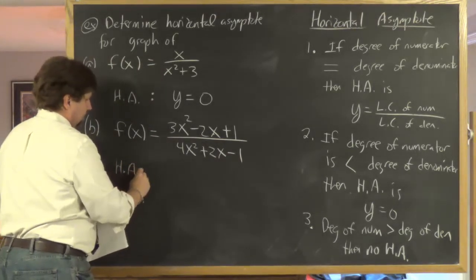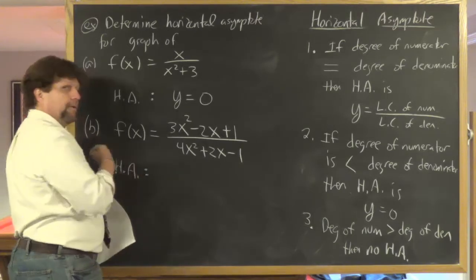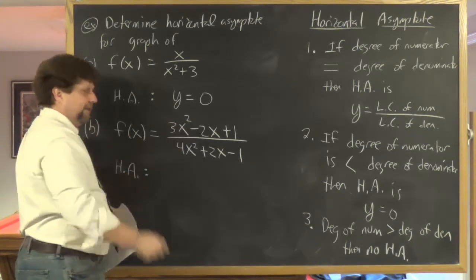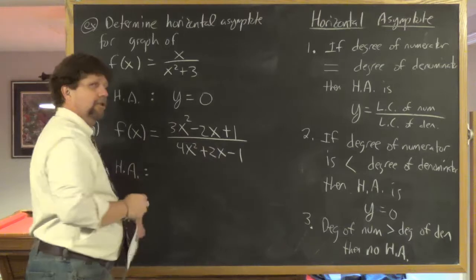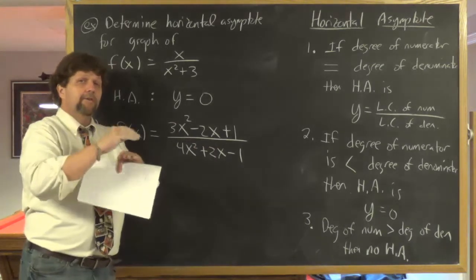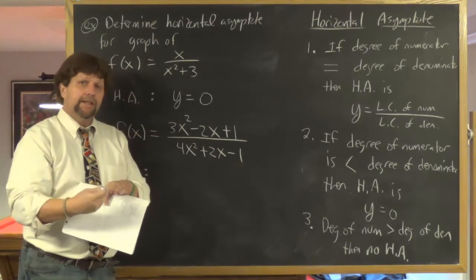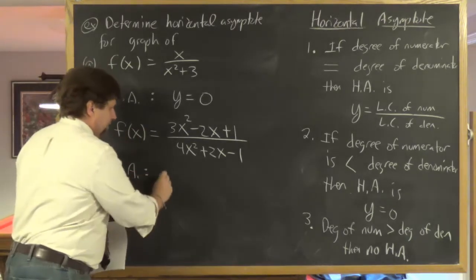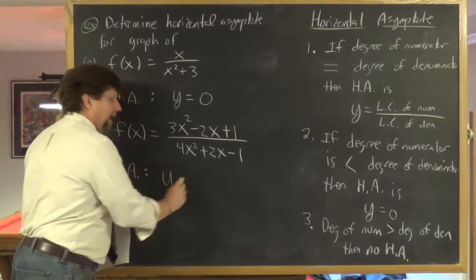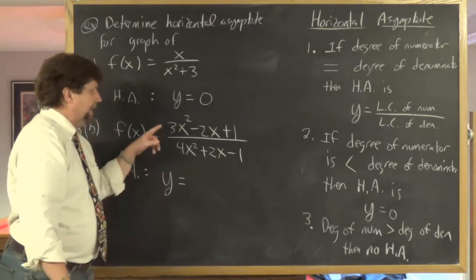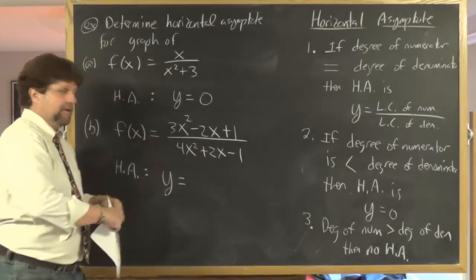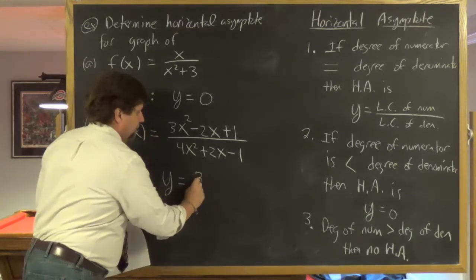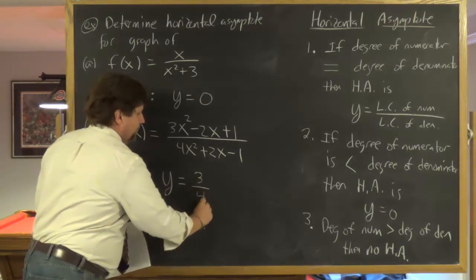Notice the degree of the numerator is 2. The degree of the denominator is 2. So the degree of the numerator is equal to the degree of the denominator. When that happens, the horizontal asymptote is the line y equals leading coefficient of the numerator over the leading coefficient of the denominator.